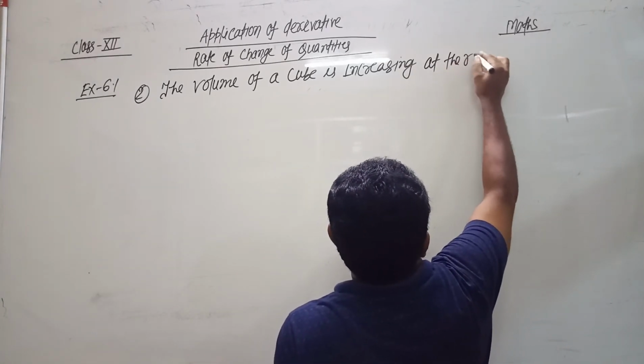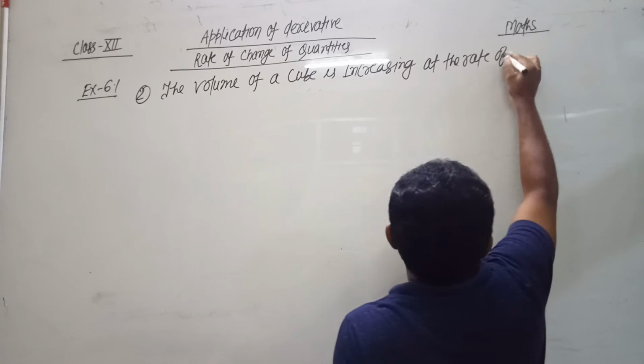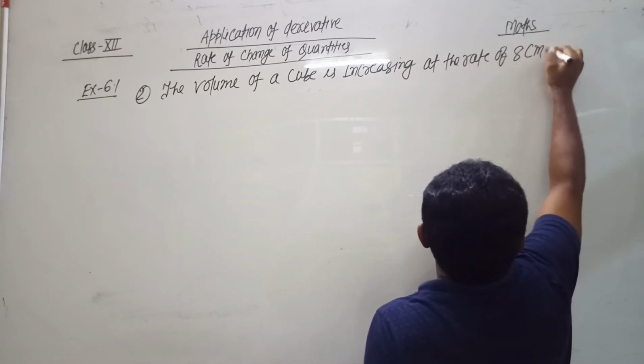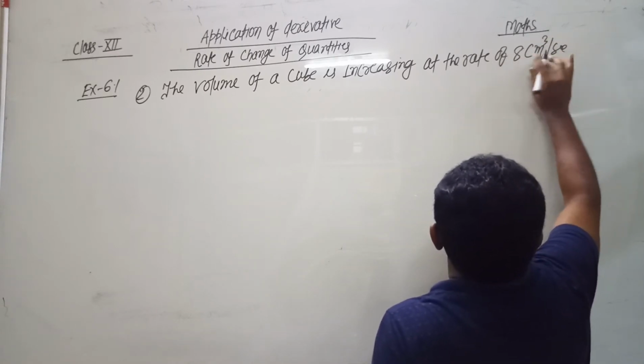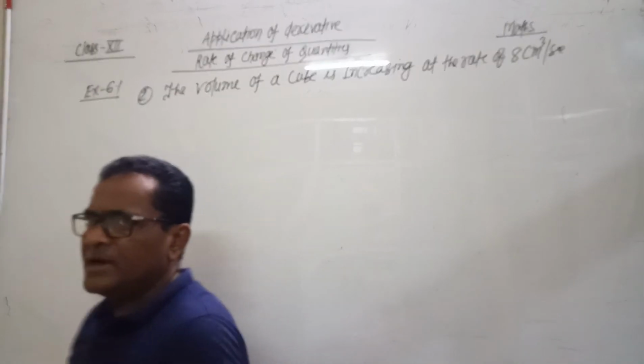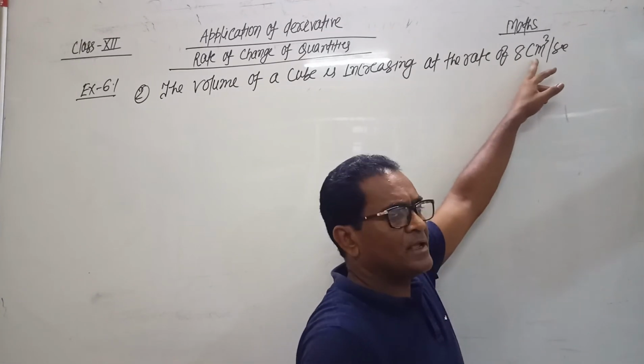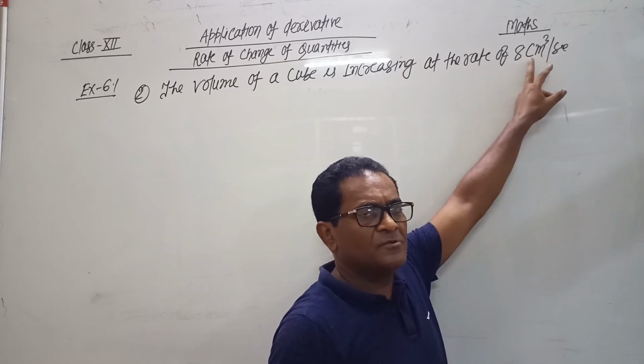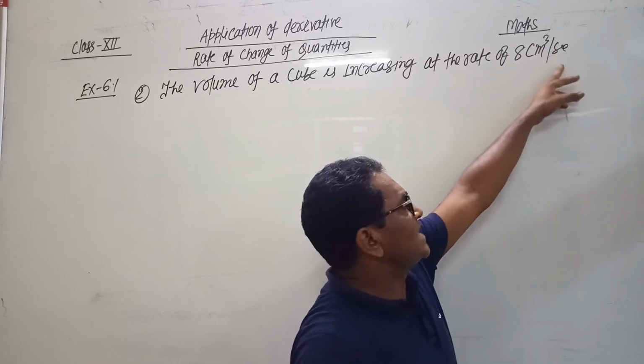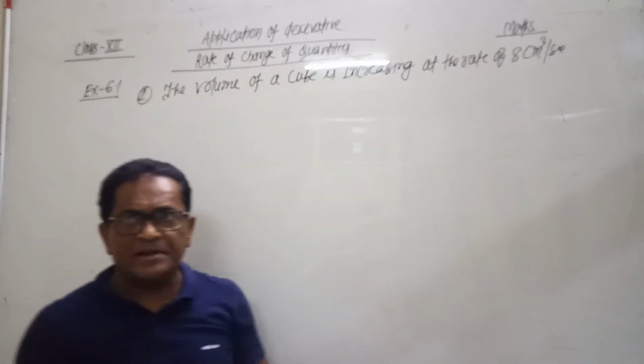Centimeter cube per second means centimeter cube is dV, change in volume, and second is dt, so we have been given dV by dt.